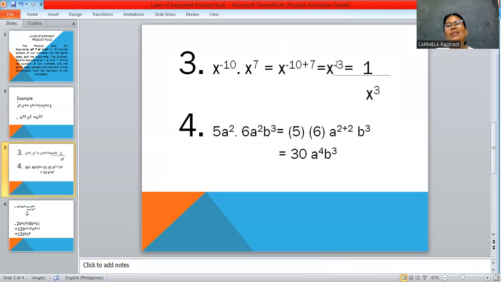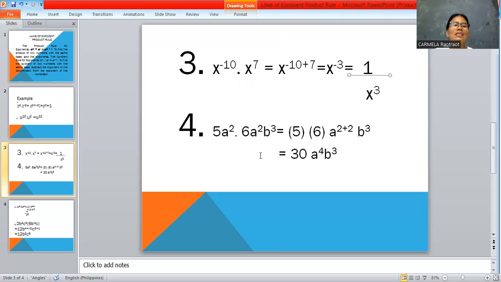So you are going to copy the negative and then subtract the smaller number from the larger number. 10 minus 7, that is 3, so negative 3. So your answer is x raised to the power of negative 3. Again, in math, we do not leave a negative exponent. So what are we going to do? We move it to the denominator. It is equal to 1 over x raised to the power of 3.